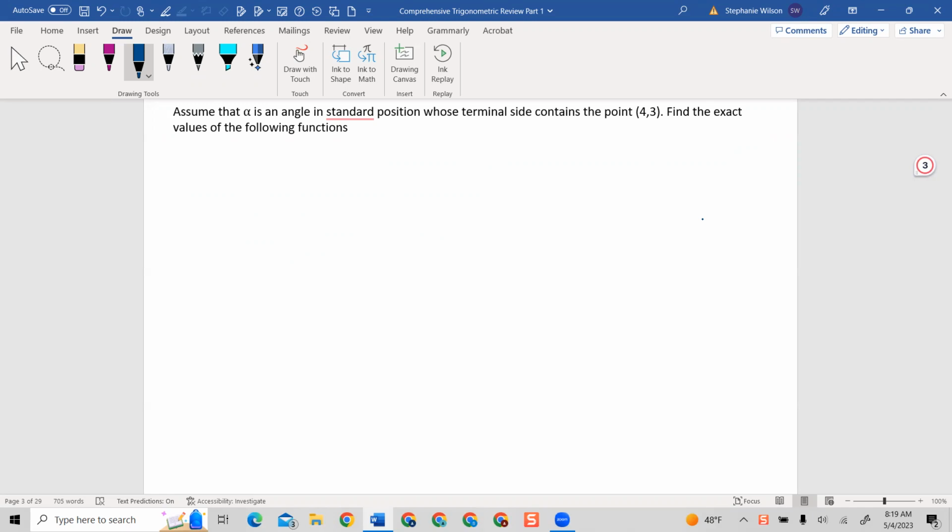Let me write them up here so I don't take up all my space: sine alpha, cosine alpha, tangent alpha, cotangent alpha, secant alpha, and cosecant alpha.